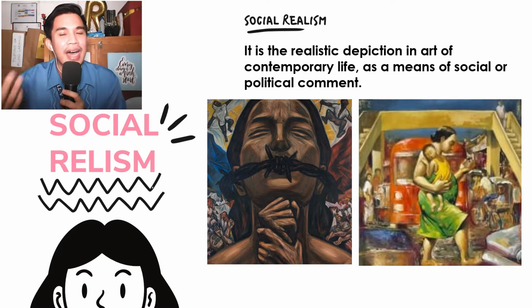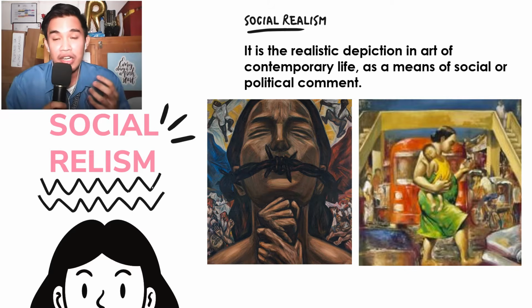So if we're going to analyze what this painting is trying to tell us, it seems like the girl is oppressed from giving her opinions or sharing her thoughts. So maybe she is not given the freedom of expression. Okay, so that is what the painting is trying to tell us.